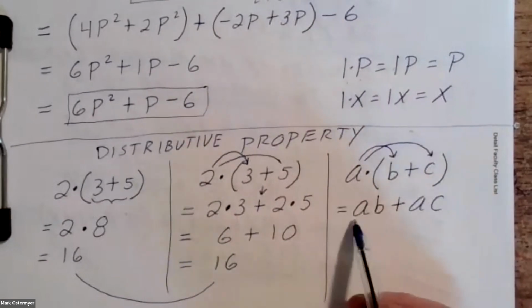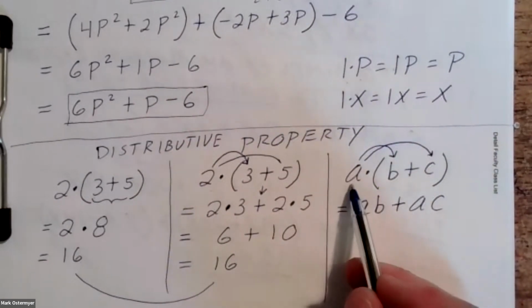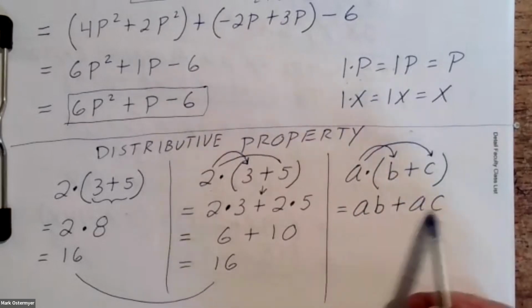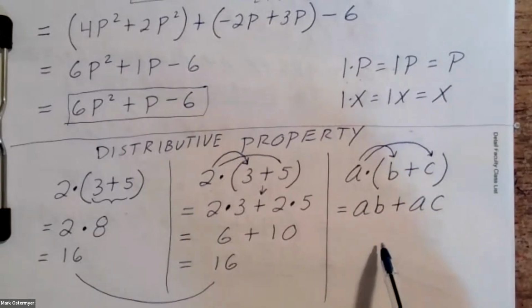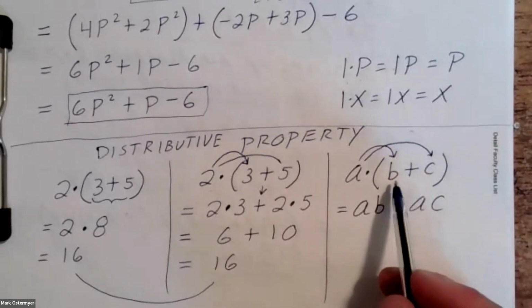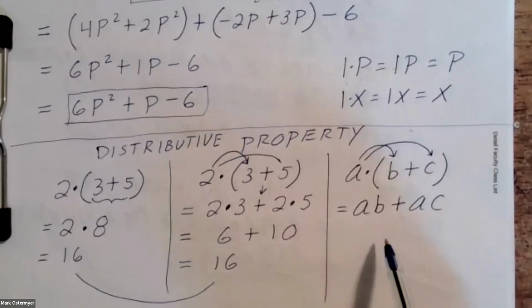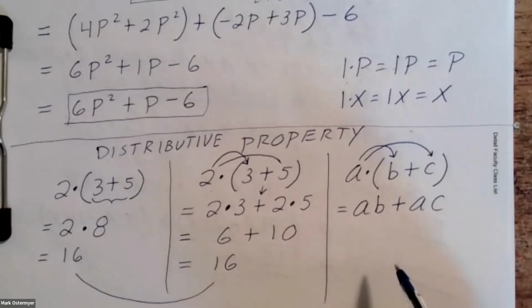Notice when you distribute the A inside the parentheses, you remove your parentheses. So distribution always removes parentheses. I like to say by distributing the A inside the parentheses, we get the B and the C out of jail because the parentheses are gone. The jail is gone. Okay.